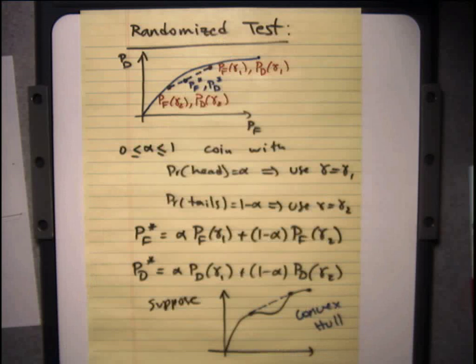For instance, it turns out that the slope is equal to the threshold at any point on the ROC curve. You saw that the slope was equal to the ratio P0 over 1 minus P0. It turns out for a likelihood ratio, that's generally true.